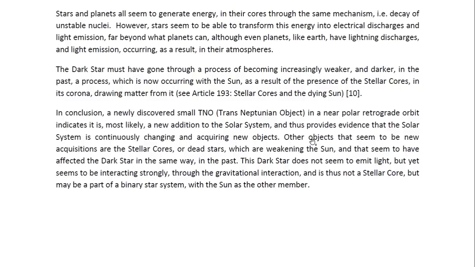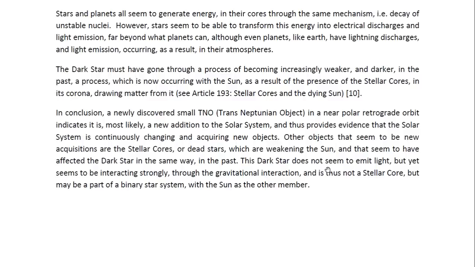So in conclusion, a newly discovered small TNO, or trans-Neptunian object, in a near-polar retrograde orbit indicates it is most likely a new addition to the solar system, and thus provides evidence that the solar system is continuously changing and acquiring new objects.